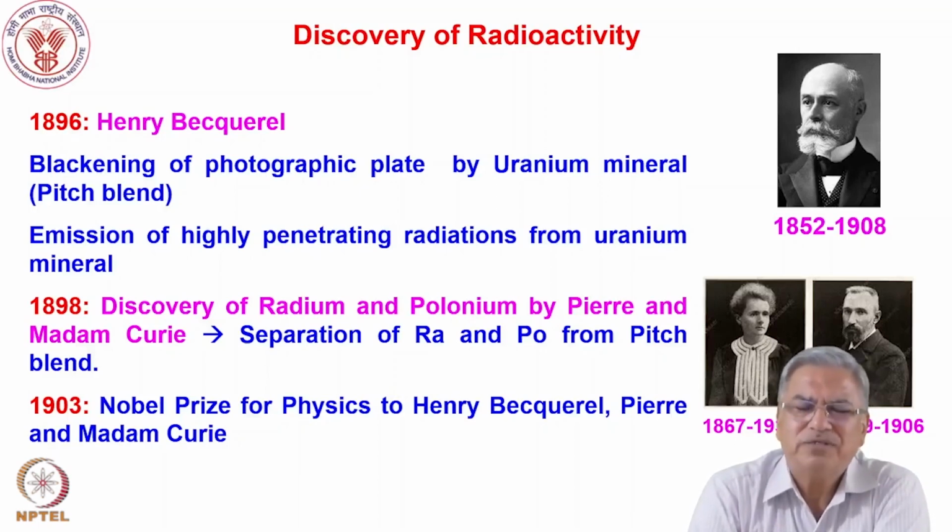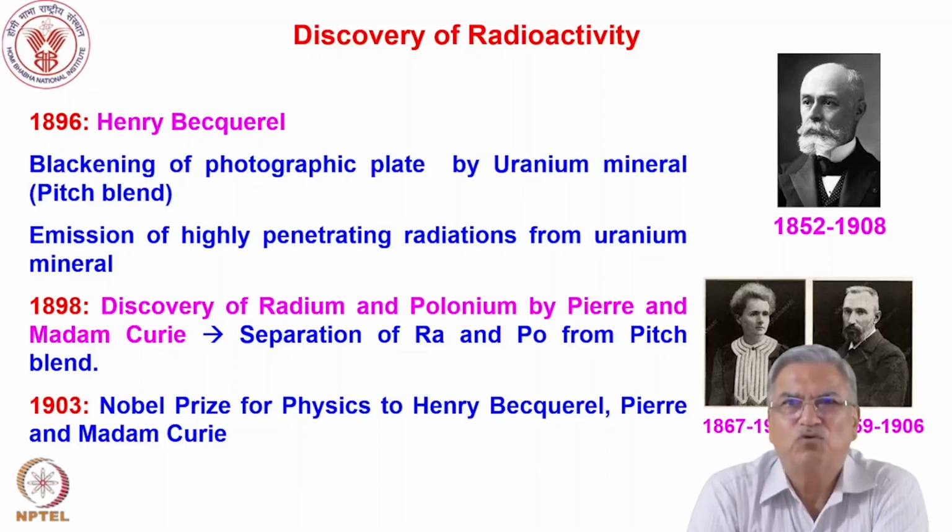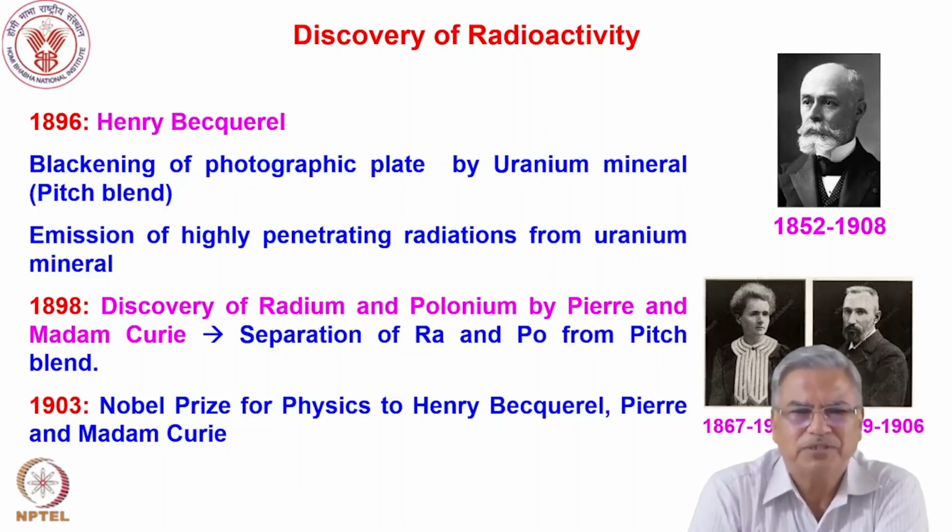Röntgen discovered X-rays in 1895, and inspired by this discovery, Henri Becquerel started studying the fluorescence emitted by uranium compounds when light is shined on them. Now, you know the fluorescence phenomenon. When a fluorescent substance is exposed to light, it emits its own characteristic luminescence.